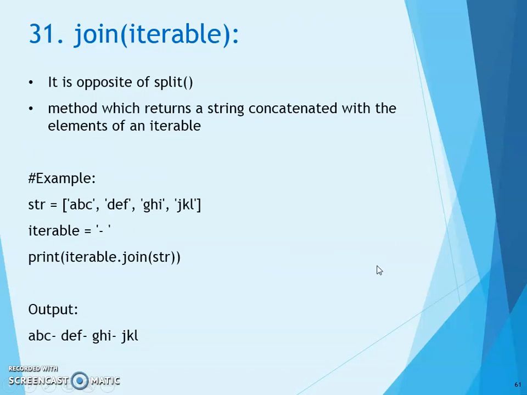Next is join. This is exactly the opposite of split. This method returns a string concatenated with the iterable we are giving. So this is our first string.